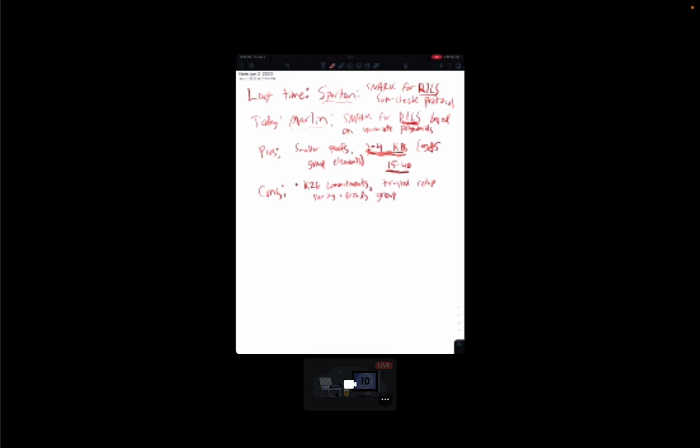So in comparison, Spartan can be transparent and not need pairings. Whether or not it needs a pairing friendly group, or whether or not it's transparent, depends entirely on the choice of polynomial commitment scheme. And the same goes for Marlin as well.